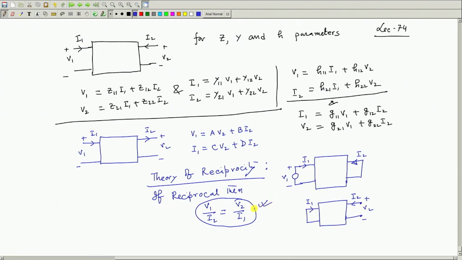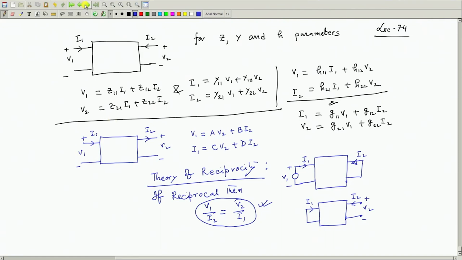We will now try to look at the situation that if a two-port network is reciprocal, what is the condition that the two-port network must satisfy. That is what we are going to study.